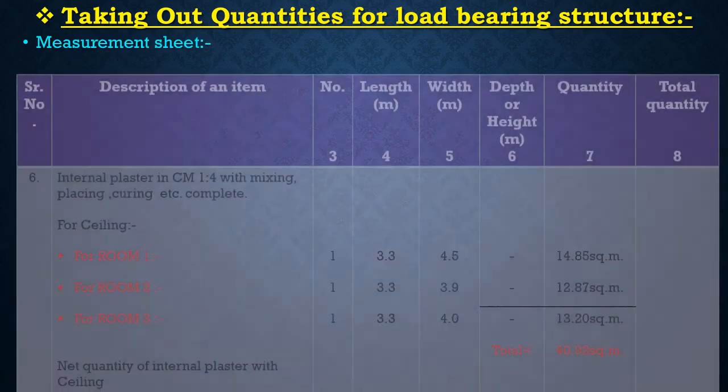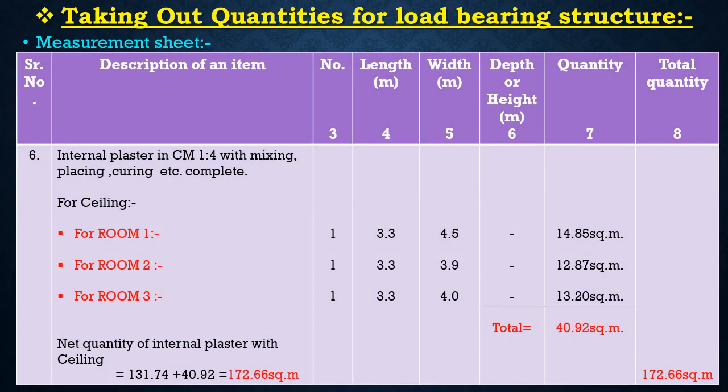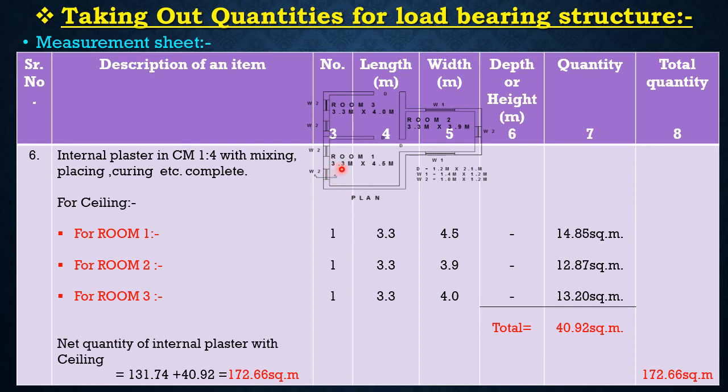Then calculate the quantity of internal plaster for the ceiling. Internal plaster in CM 1:4 with mixing, placing, curing, etc. complete for ceiling. For room 1 is 1, length is 3.3 meter and width is 4.5 meter. Then quantity is 14.85 square meter.